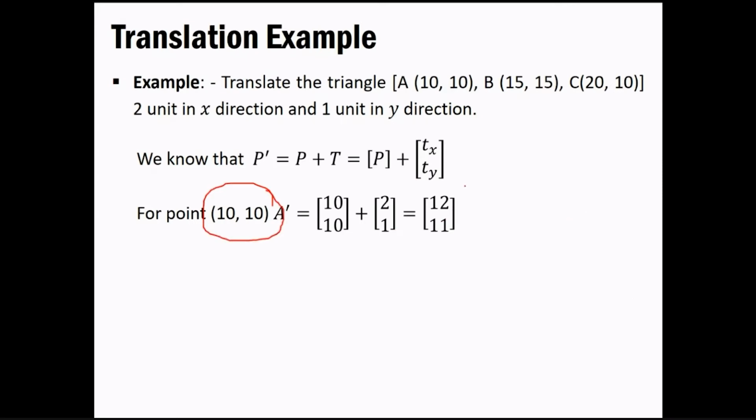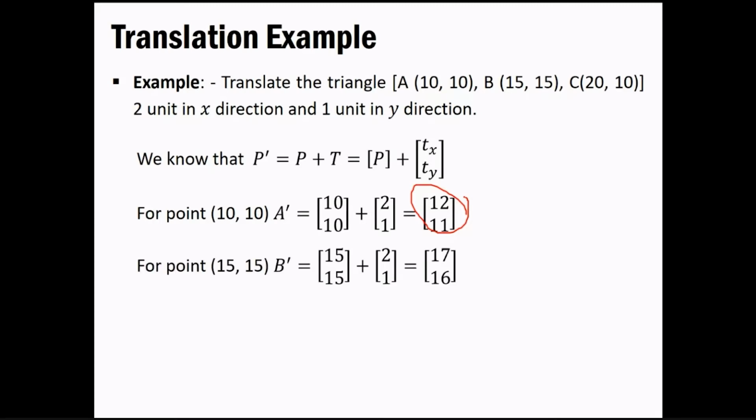So A dash equals 10 10 in column vector form, and similarly 2 units in x direction and 1 in y direction. Then you just add them, and at the end you get the translated coordinate, that is 12 11 in our case, for point 10 10.